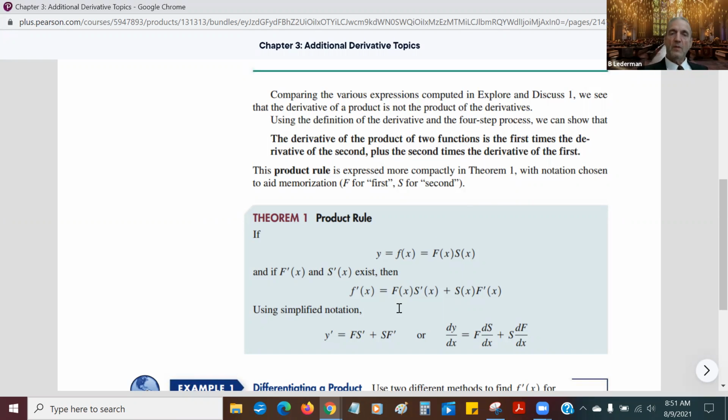So it's F times S prime plus S times F prime. And of course you could write it this way. This is when you use primes, and this is when you use dy/dx notation. Like I said, they both mean the same thing. So just be aware of that.